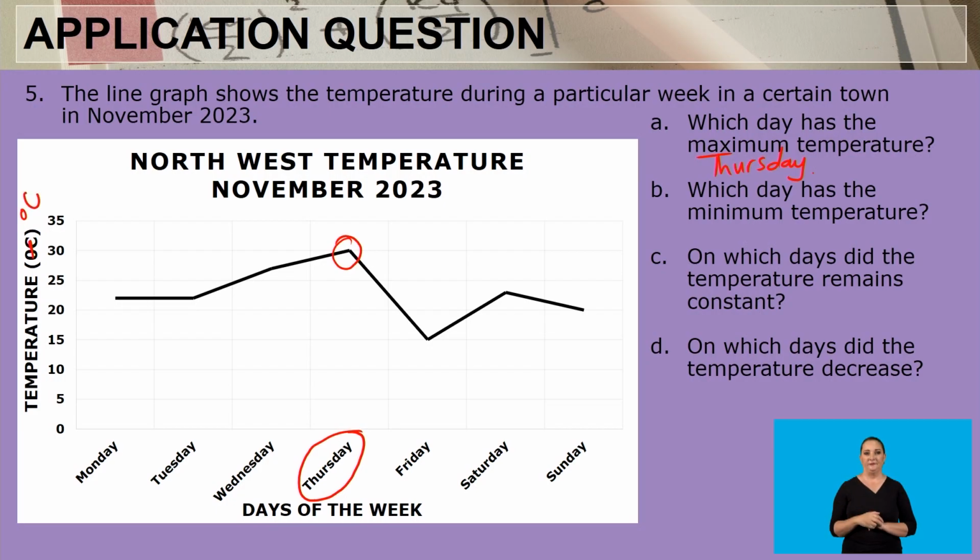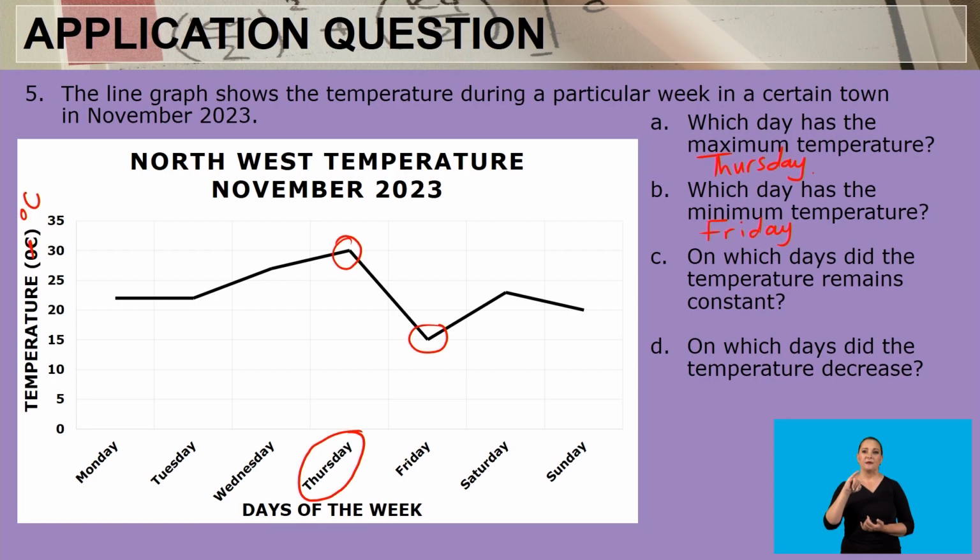So we are looking for the lowest degrees Celsius there. Can you see it? Of course, we can see it there. That is the lowest, which is 15 degrees. And of course, that was on a Friday. And we are looking for the lowest because our question asked us for the minimum temperature there.